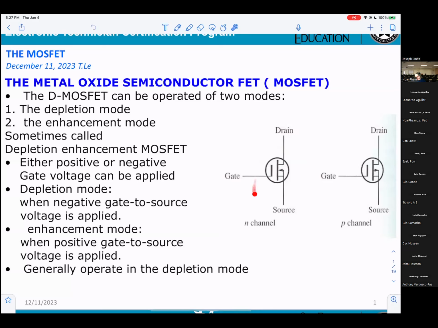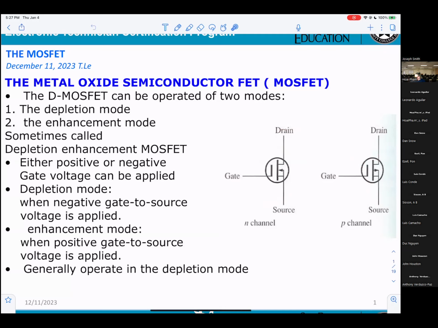When you're looking at the symbol, you're able to recognize whether it is the FET, N channel or P channel. That's very, very basic. Today we get the first one, MOSFET, okay?